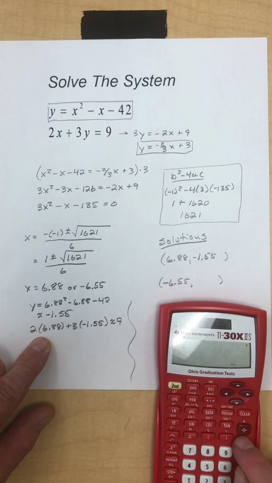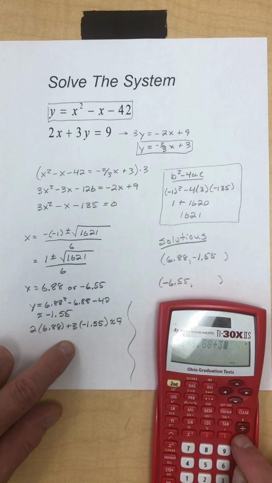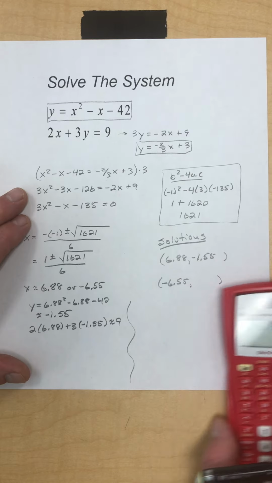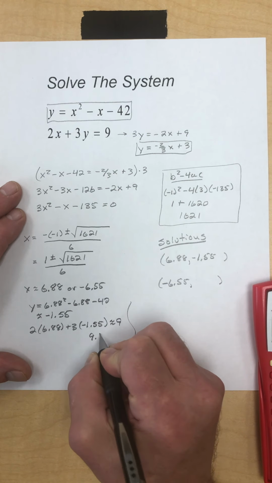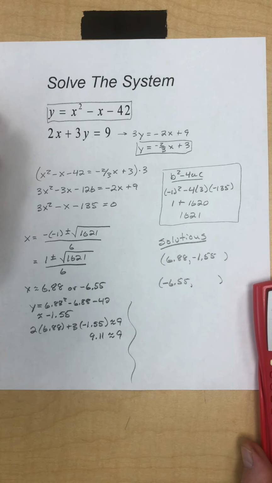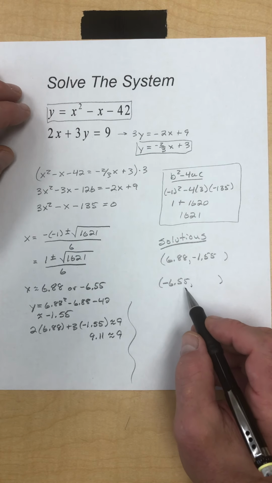So 2 times 6.88 plus 3 times negative 1.55. And notice I get 9.11, and that's about as close as it's going to get with all the rounding we've done. So I'll stick with that one. Now I'm going to do the same thing with negative 6.55.